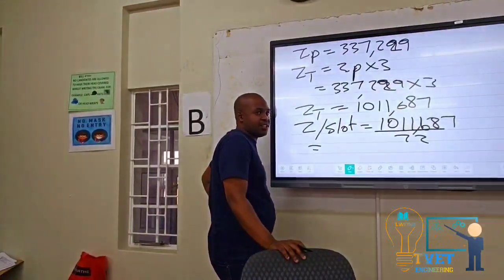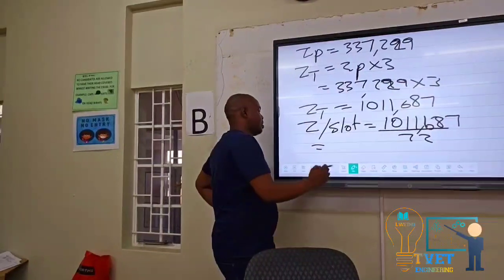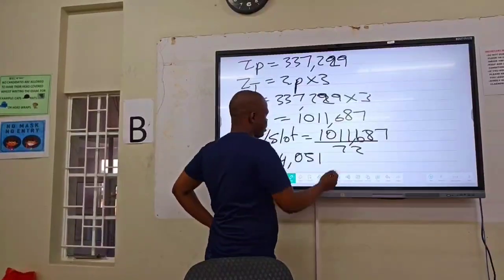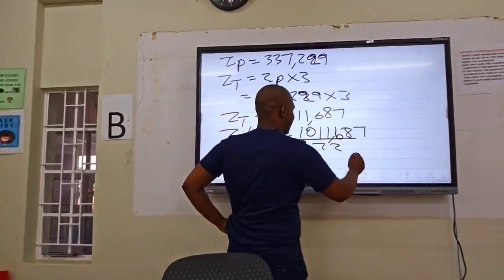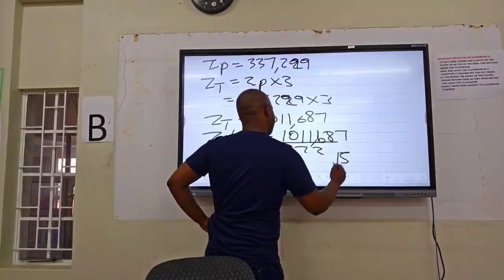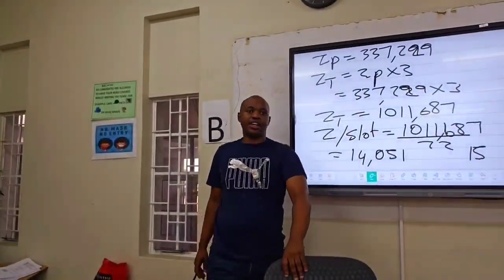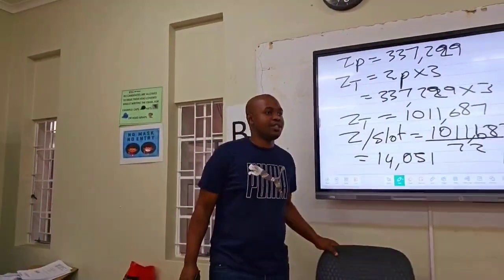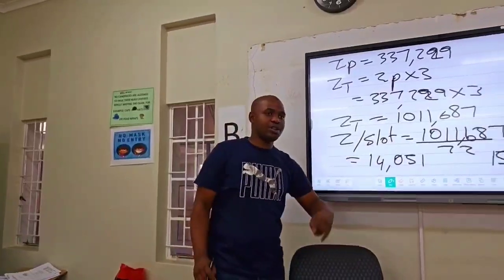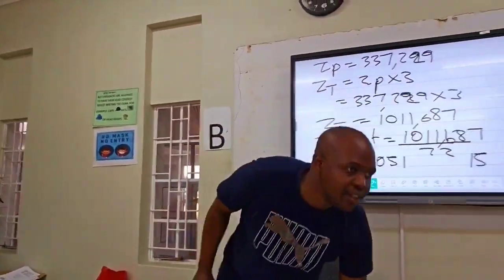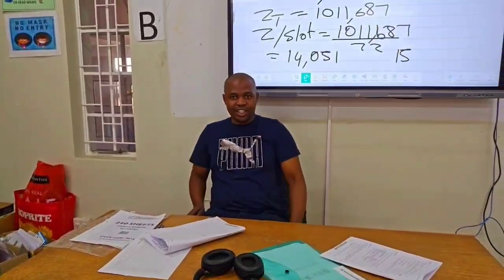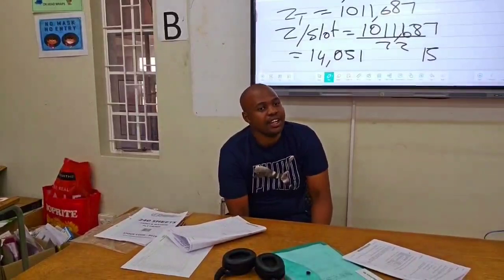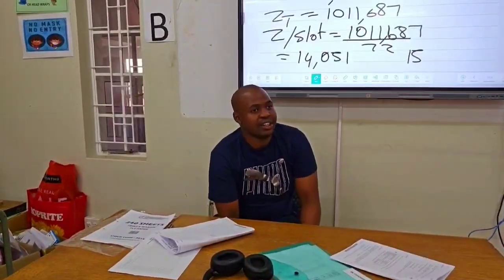And my answer is 14.051. So you round off to the nearest highest whole number. That's 15 conductors per slot. If you get a decimal, you round off to the nearest highest whole number. And if you are getting 14.0 something, then we are going to round off to 15.